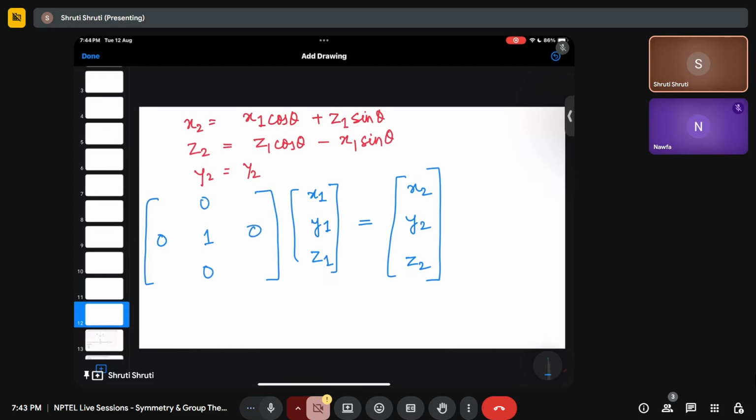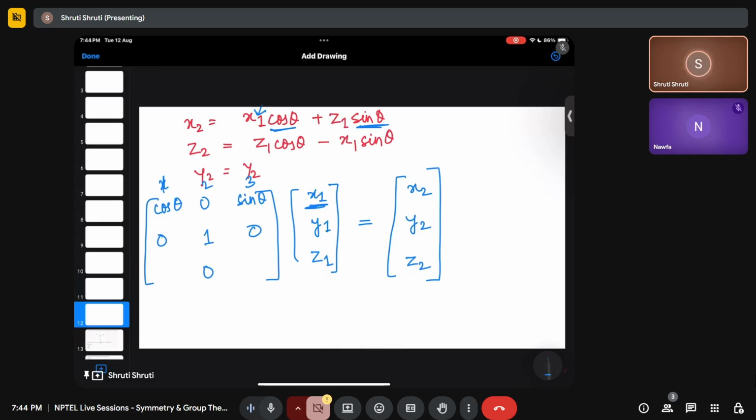Okay. Now you have to multiply x1 with cos theta to get x2, and then you have to add sine theta times z to get x2. So here you write cos theta because it is getting multiplied to 1. So imagine this as 1, 2 and 3, and here it will be sine theta.